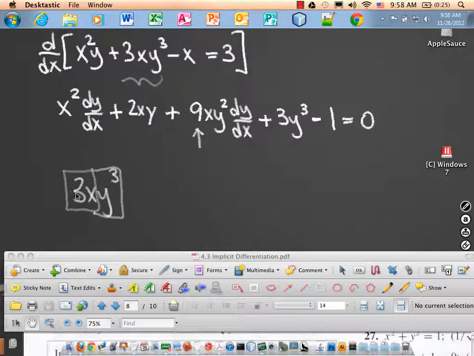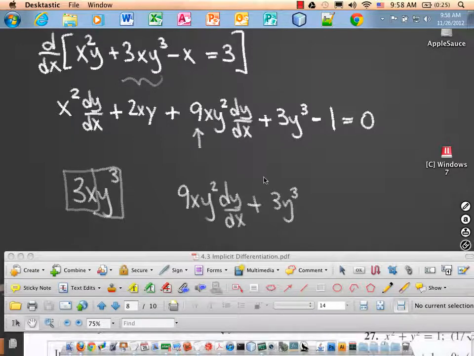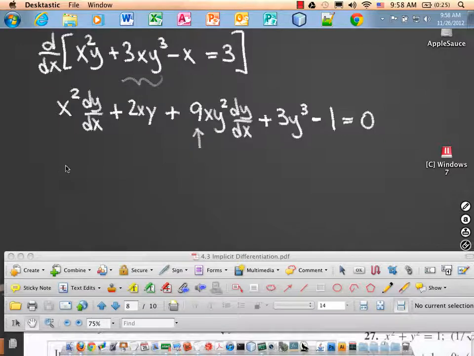So first d last, there's my 9xy squared dy/dx, plus last d first, so 3y cubed. So I had to use the product rule how many times in this problem? Twice, because I have two different products.